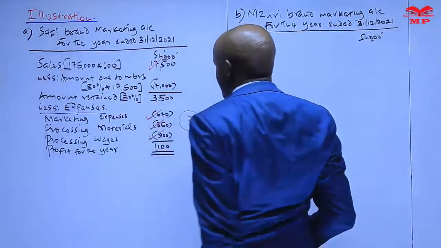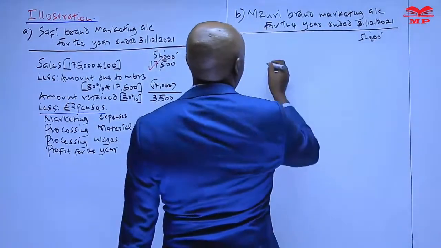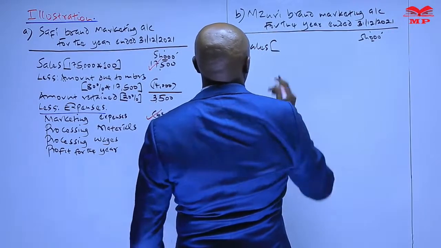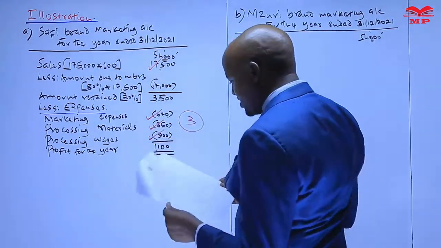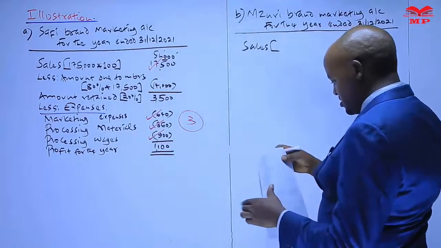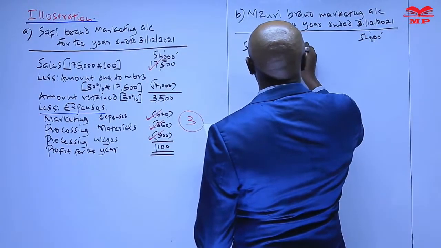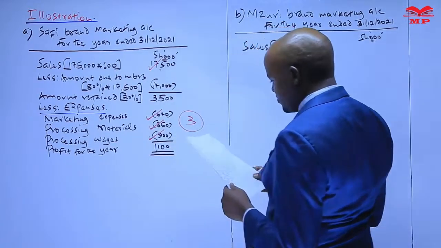And we're following the same format. We start with the sales of this particular coffee brand, and that is given in the additional information number 1, which was 115,300, but this takes into account our US dollars.